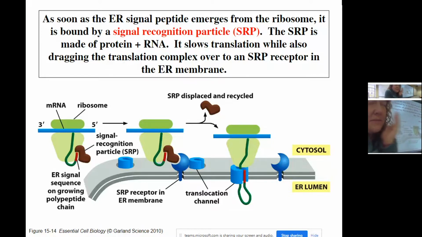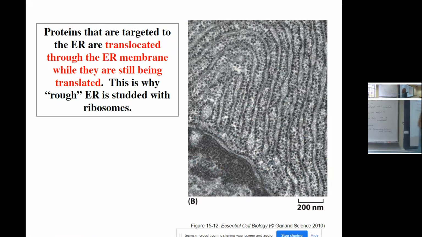When I first memorized that rough ER has ribosomes on it, I imagined that the ribosomes just live there. They're always there. They're not always there. Let's look back at that. Any ribosome that's on the ER membrane is there just for a little while as it's translating, and they actually come and go off of the ER membrane.